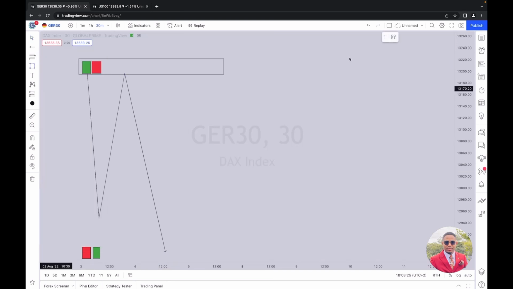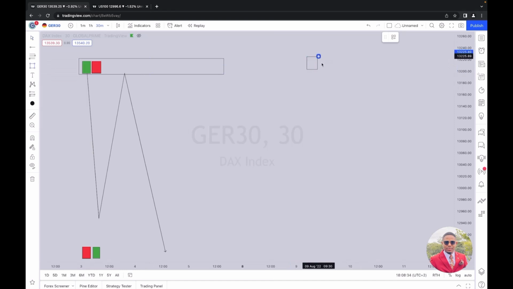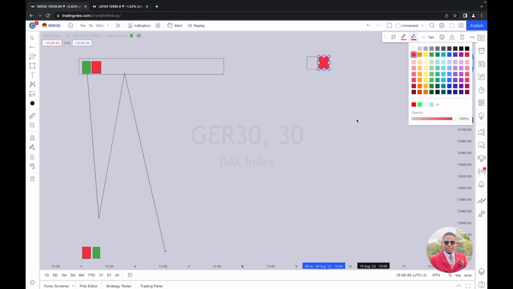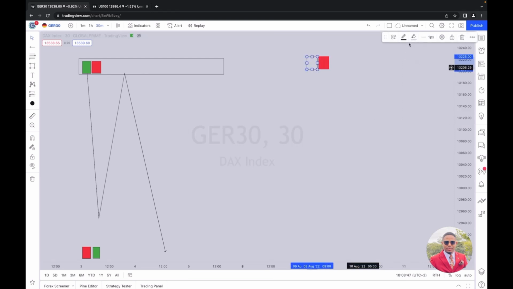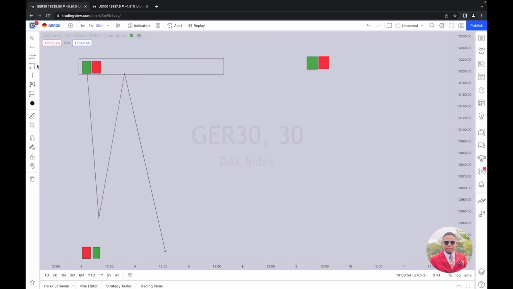Then example number 2. Price here, like what I told you. Let me just draw them so that you might understand real quick. There we go. Here again, price does what is known as a drop.